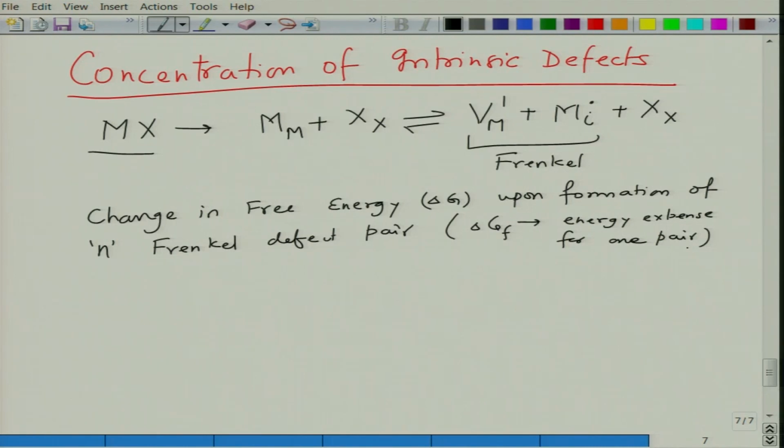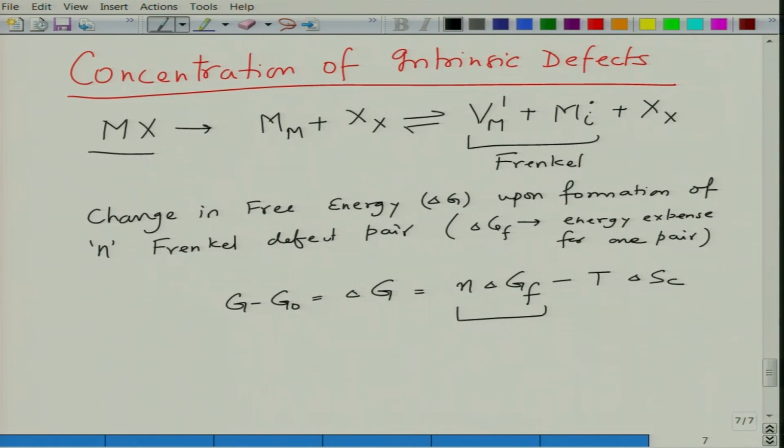So, G minus G naught, which is delta G, is equal to n delta Gf, which is the enthalpy term, minus T delta Sc. This is the change in enthalpy, which is nothing but the number of defect pairs multiplied by the energy that you need to create one pair. That is delta Gf.